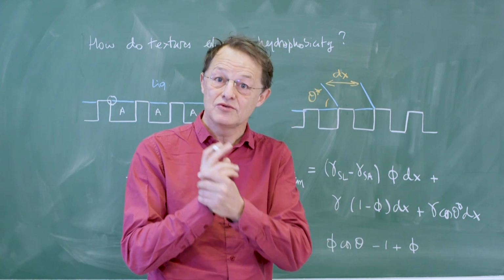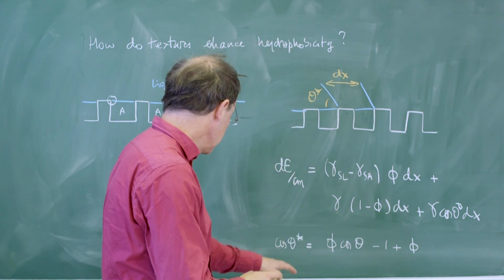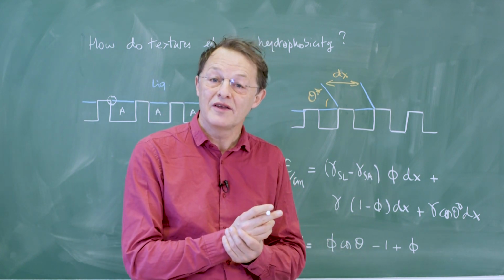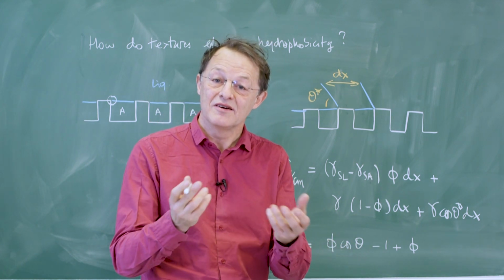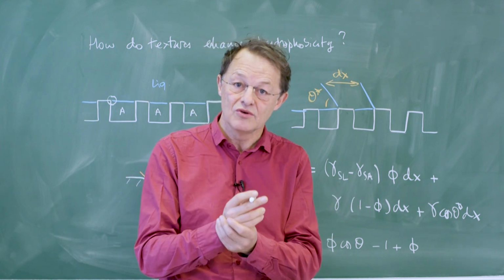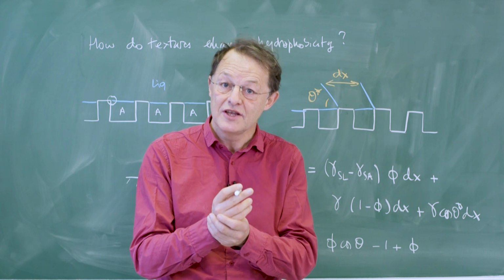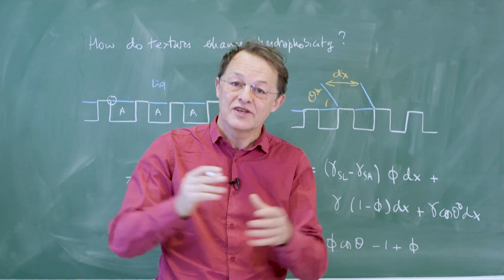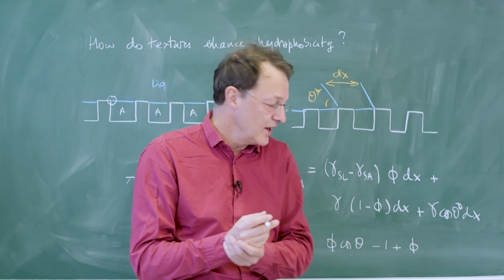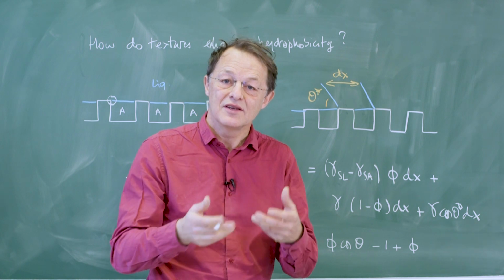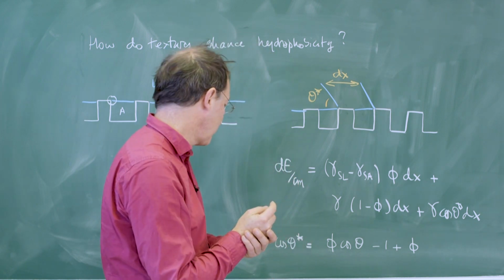This is a very interesting fact because it means that if we measure theta star, we can deduce the phi we have. For pillars it's a known quantity, but if you imagine a pearl on a lotus leaf, for instance, we don't know exactly what the actual contact between the water and the leaf is, and this relationship tells us that it can in principle be deduced.